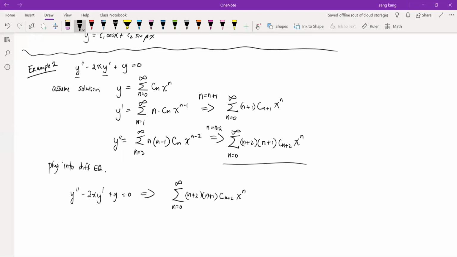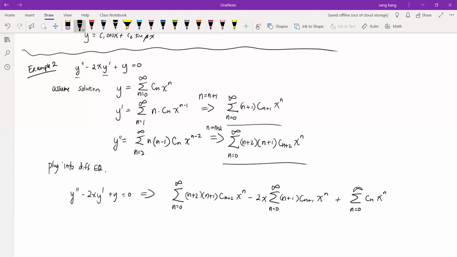Minus 2 times x times the sum of y prime, which is here: n plus 1, c to the n plus 1, x to the n. And finally, plus y, which is the sum of c to the n, x to the n, right?